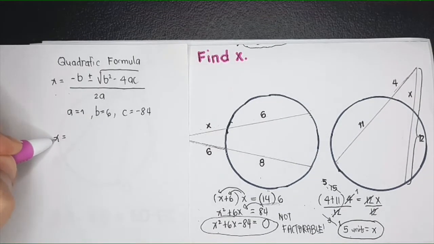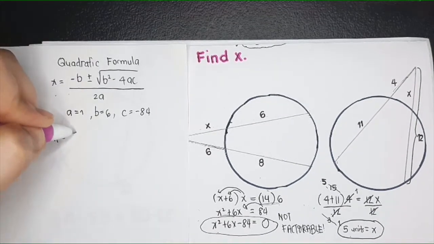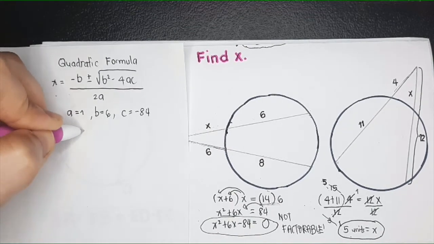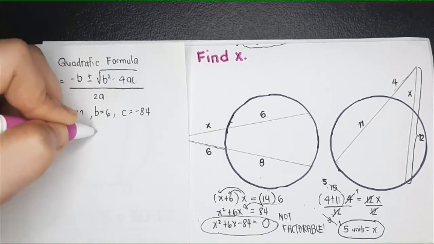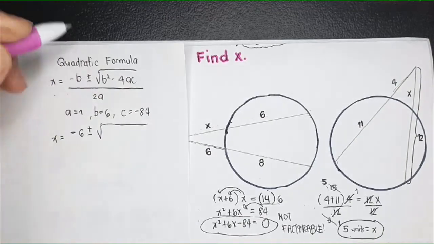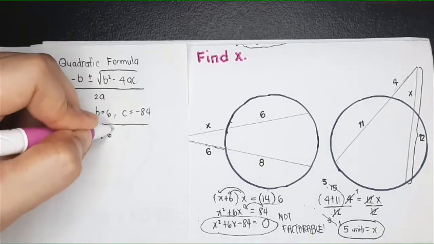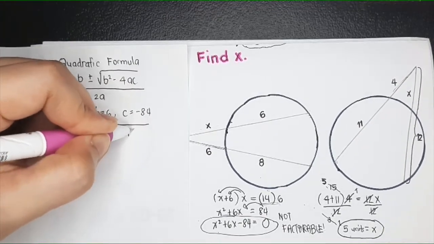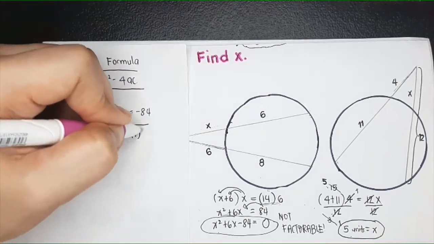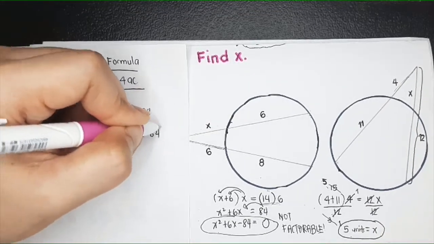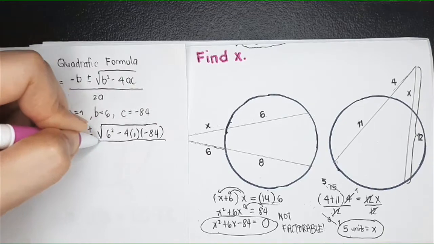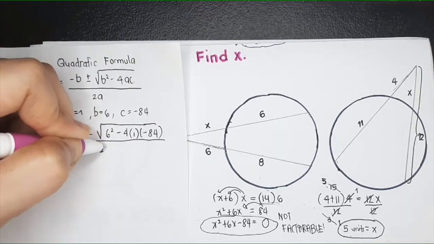So, X is equal to negative of B. So, that's negative of 6 plus minus the square root of B squared. So, you have 6 squared minus 4 times A times C. All over 2A. 2 times 1.